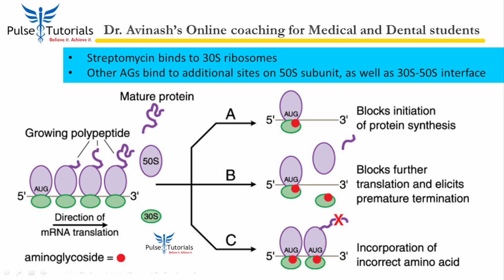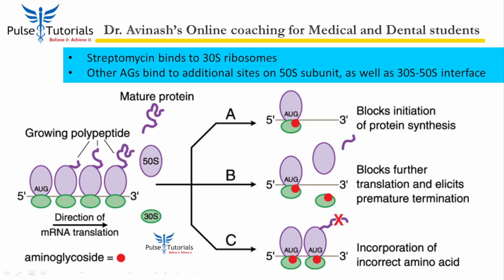We just spoke about how misreading takes place, which means wrong amino acids will be incorporated in the protein. Defective proteins are formed. What would happen if a defective protein enters the cell membrane? The cell membrane will become altered, right? And even better, because the cell membrane is getting damaged, aminoglycosides enter the bacterial cell even better.